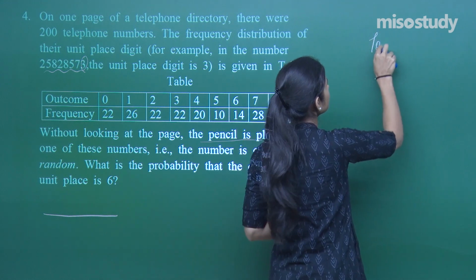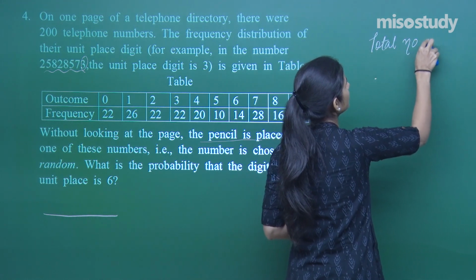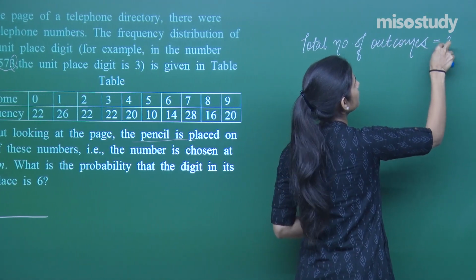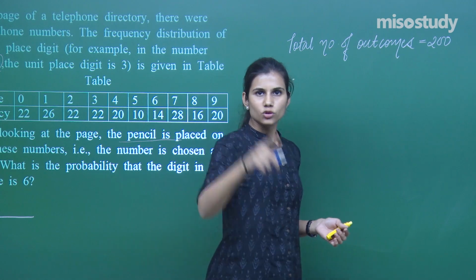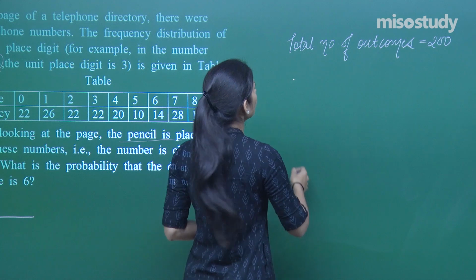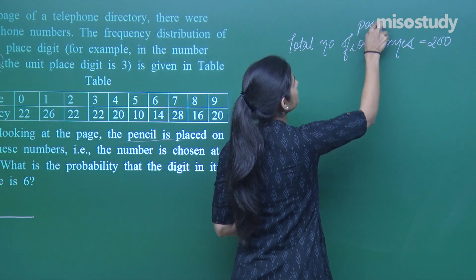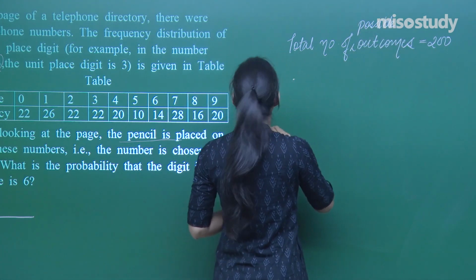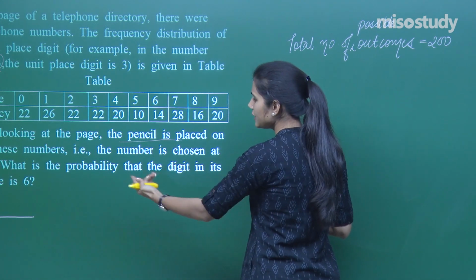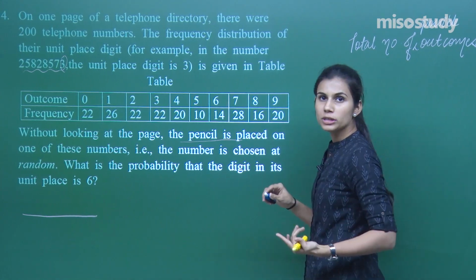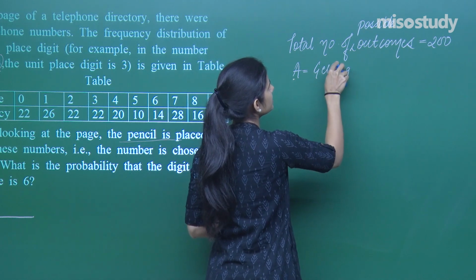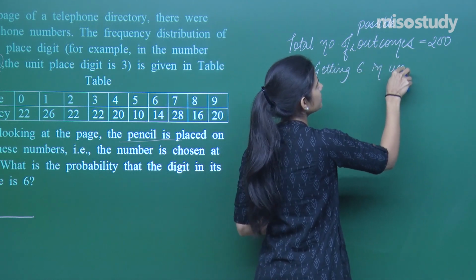Total number of possible outcomes is 200, any one can be selected, and the number of outcomes favoring this event of getting a phone number in which unit place is 6. So, let me say A is getting 6 in units place.